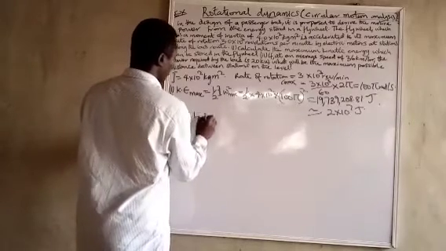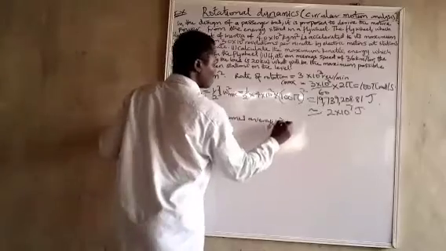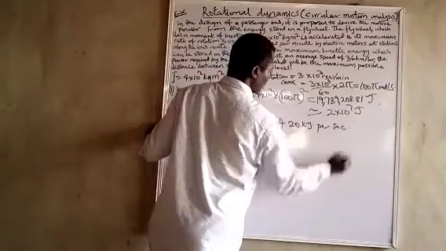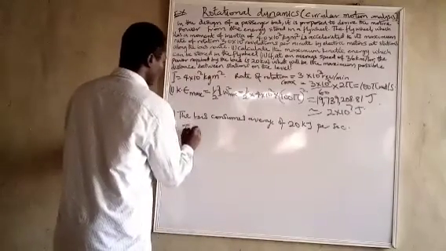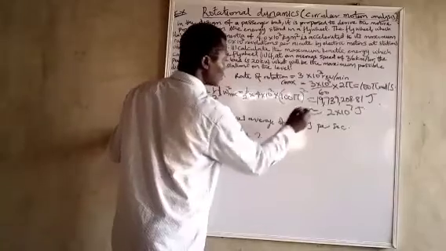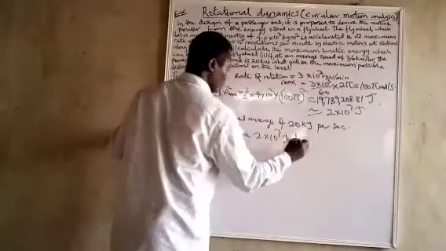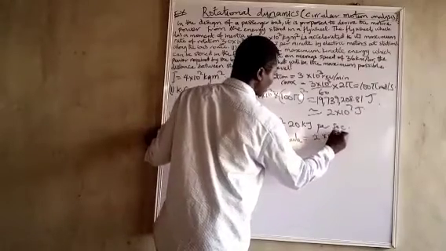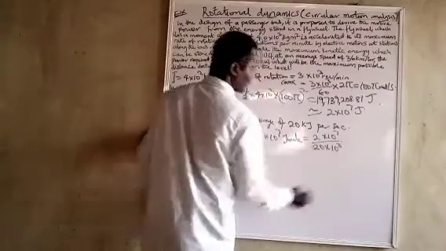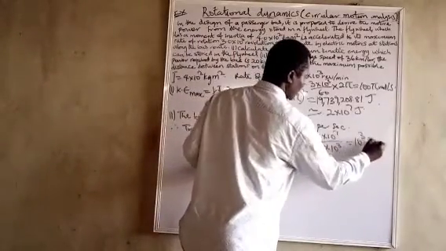The bus consumes an average of 20 kilojoules per second. Therefore, the time to consume 2 times 10 raised to the power 7 joules will be equal to 2 times 10 raised to the power 7 divided by 20 times 10 raised to the power 3. So what does that give me now? This is 10 raised to the power 3 seconds.